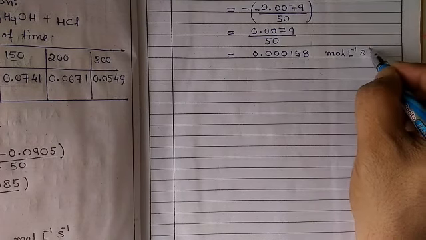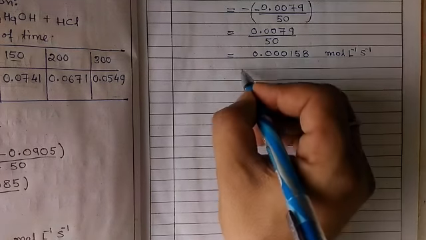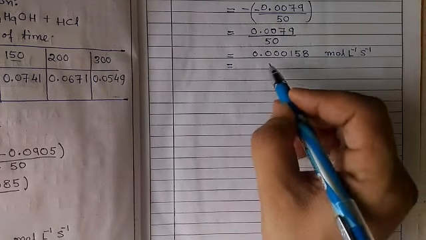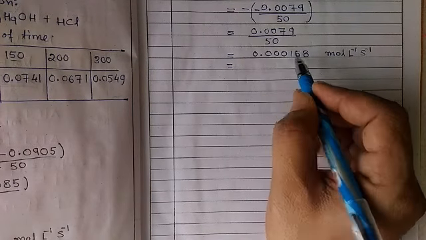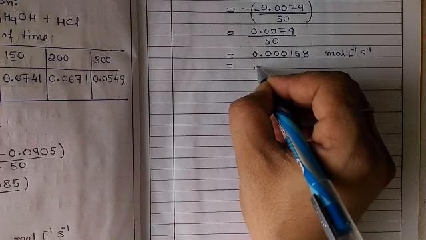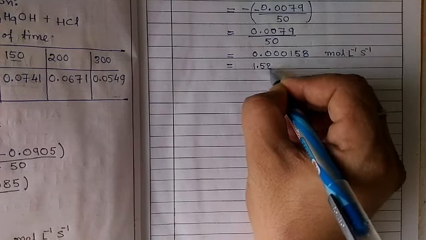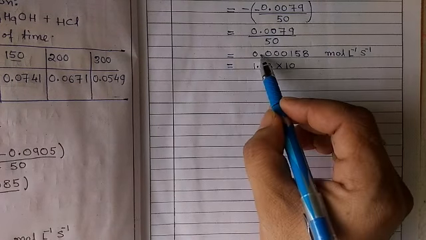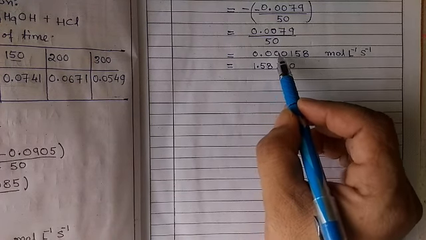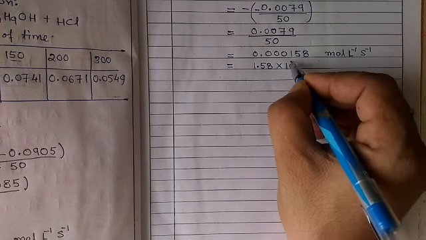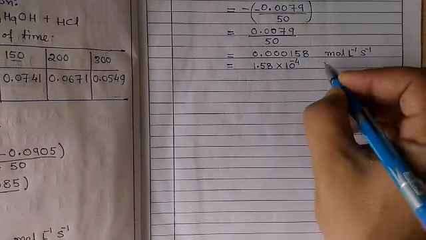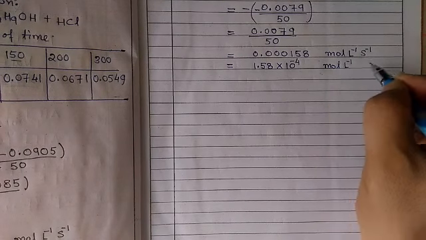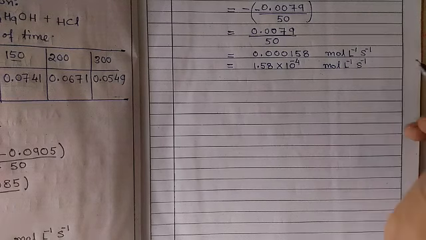So this is going to be rewritten again in scientific notation, in which we have to shift this decimal over here, so it will become 1.58 into 10 raised to the power, how many places are we shifting? 1, 2, 3, 4, so it will become minus 4, and again mole per liter per second.